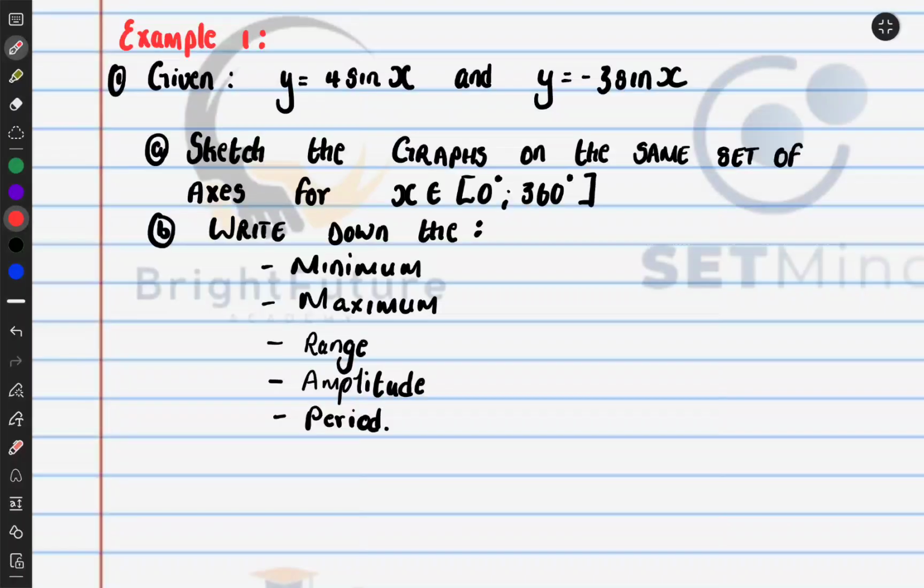And then we're asked to sketch the graphs on the same set of axes for x an element from 0 degrees to 360 degrees, so that is our domain, if you may say. And question number B, you are asked to write down the minimum, maximum, the range, the amplitude, and the period of these functions.